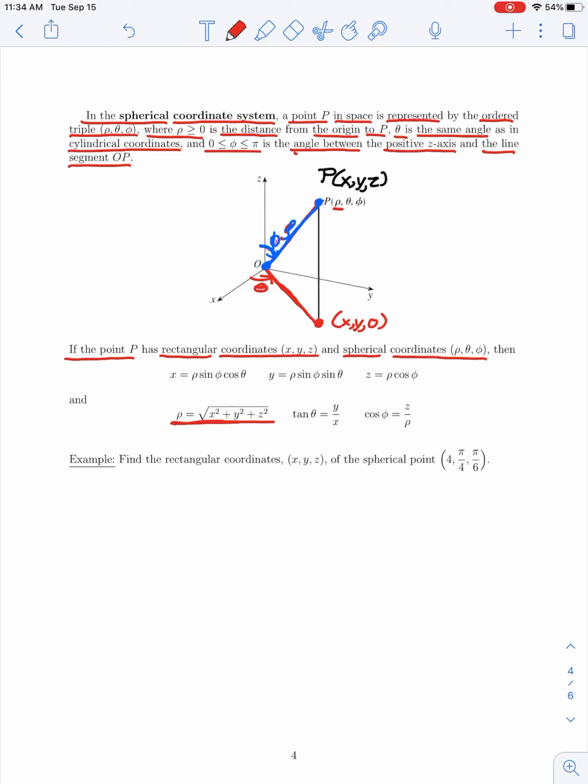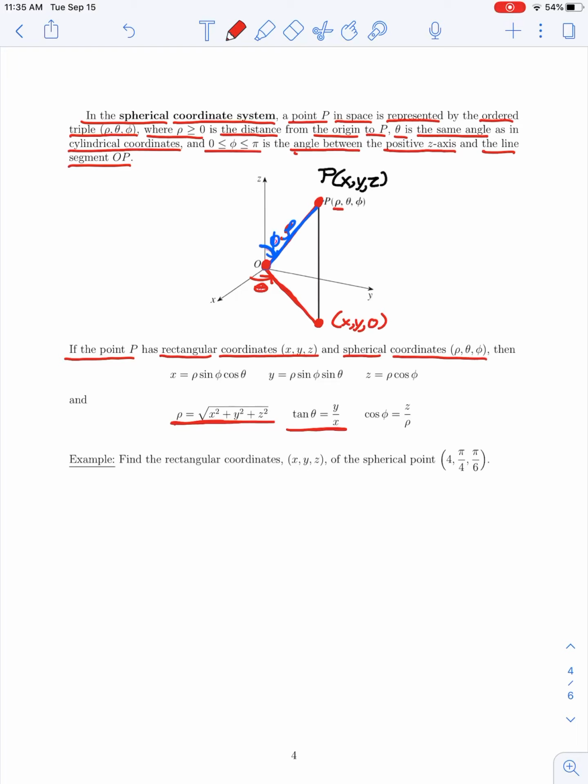So rho is the distance from my point P to the origin. So using the distance formula between 2 points in space, we would have the square root of x squared plus y squared plus z squared as the value for rho. Now since theta has the same representation as in the cylindrical coordinate system, we have tangent of that angle theta is again defined as y over x, the same conversion that we had for points using the cylindrical coordinate system.